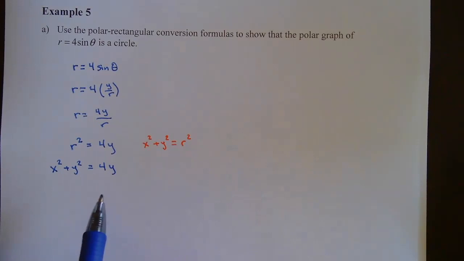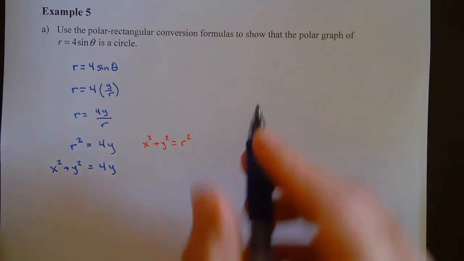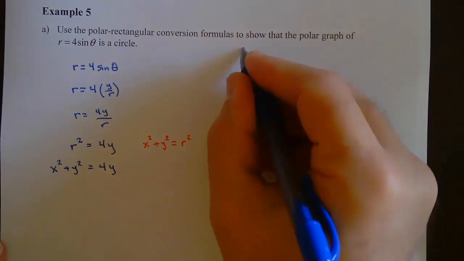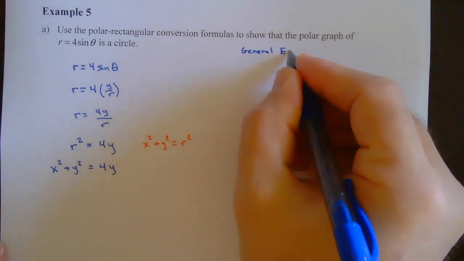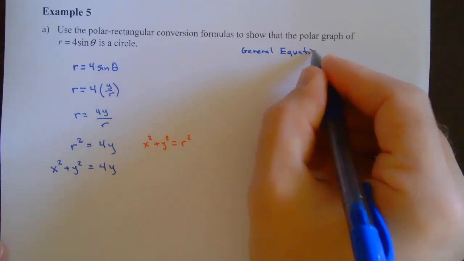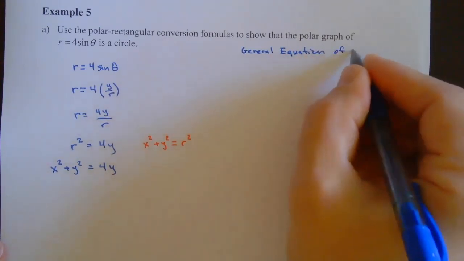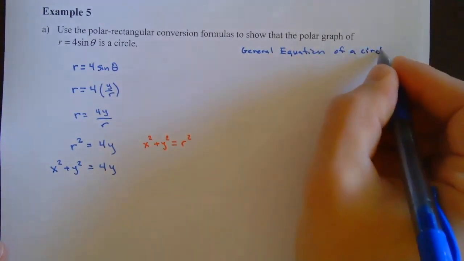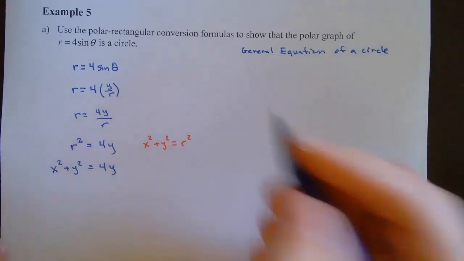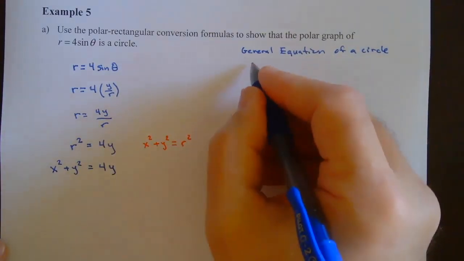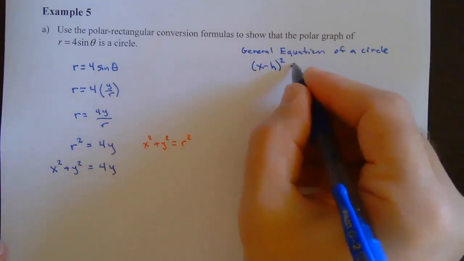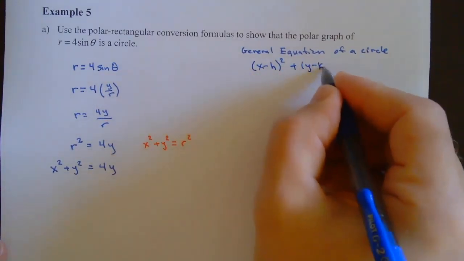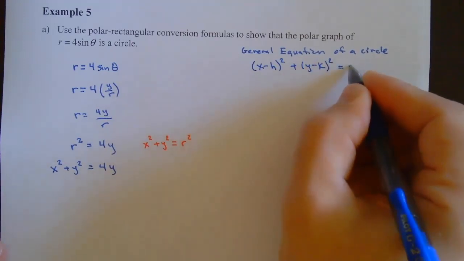Okay. All right, so how can you show that this is a circle? Well, the general equation of a circle that you should recall from Math 2, and even Honors Math 3, is x minus h squared plus y minus k squared is equal to r squared.